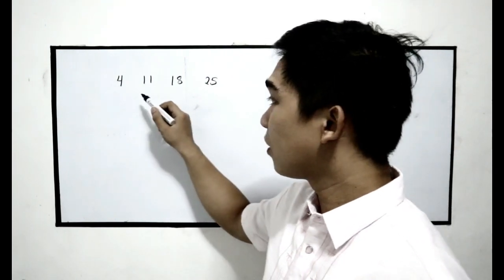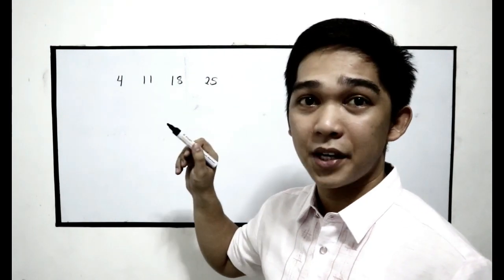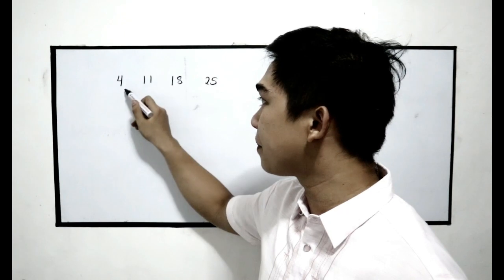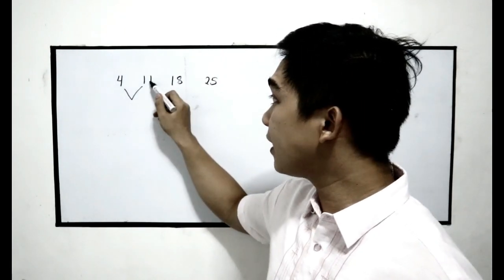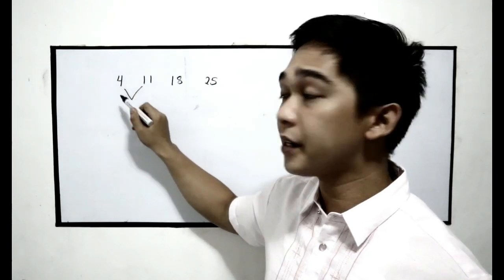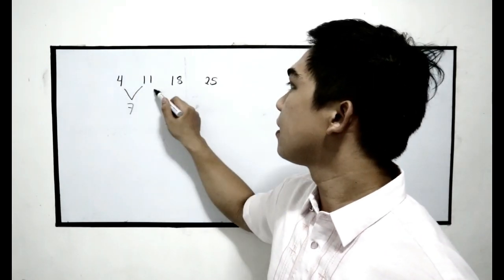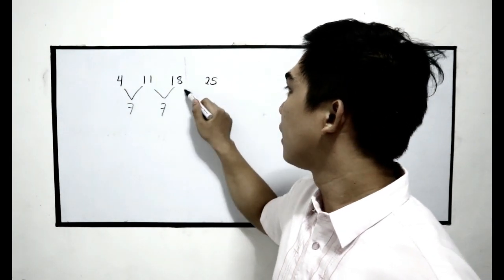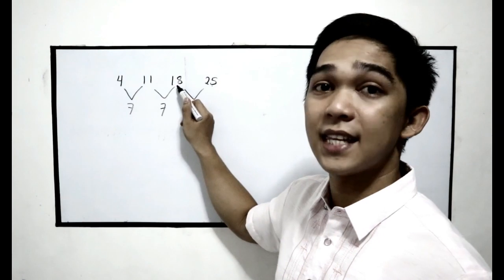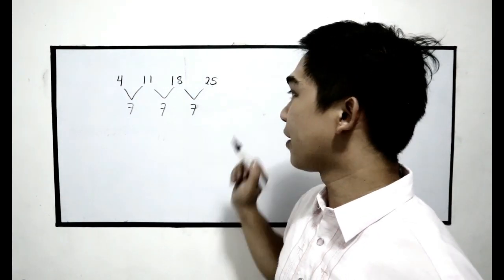They have a common number, which you add to get the next term. We can get that fixed number by subtracting the preceding term from the term after it. 11 minus 4, that is 7. 18 minus 11, 7. 25 minus 18, that is 7.